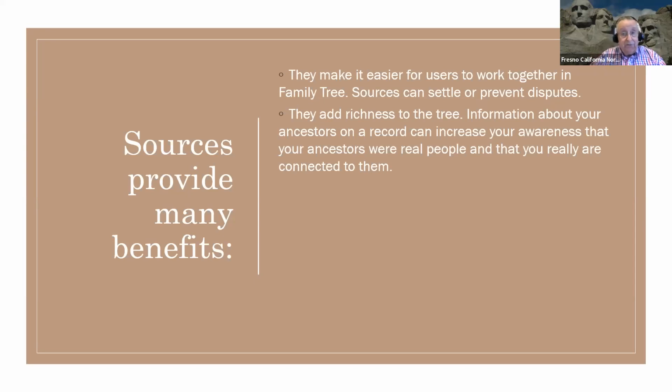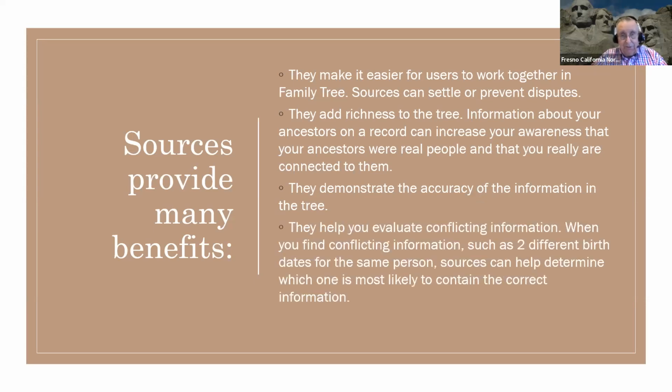Information about your ancestors on a record can increase your awareness that the ancestors are real people and that you really are connected to them. They can demonstrate the accuracy of the information in the tree. Occasionally, a source might be inaccurate itself, and that would cause the opposite. But in general, they demonstrate the accuracy of the tree.